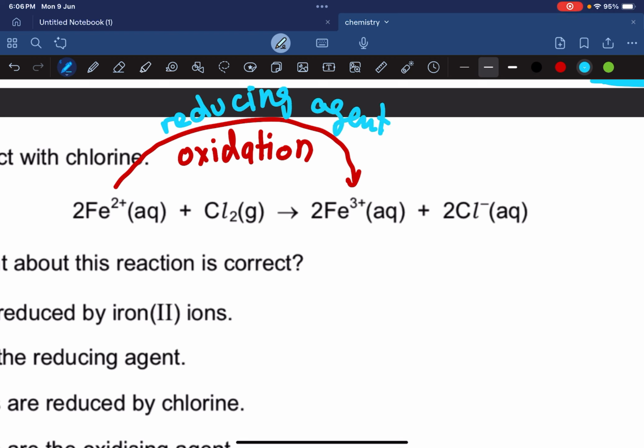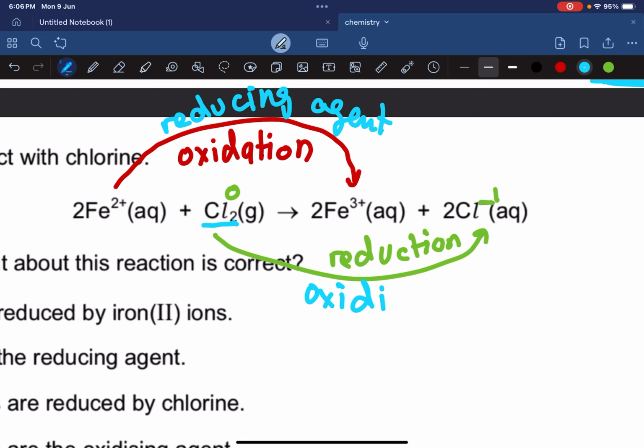Over here we know that chlorine is in elemental form, so the charge on it is going to be 0. From 0 it's going to a -1, so because the oxidation number is reducing, that is reduction, and whatever substance undergoes reduction is my oxidizing agent. So that's what I had to do.